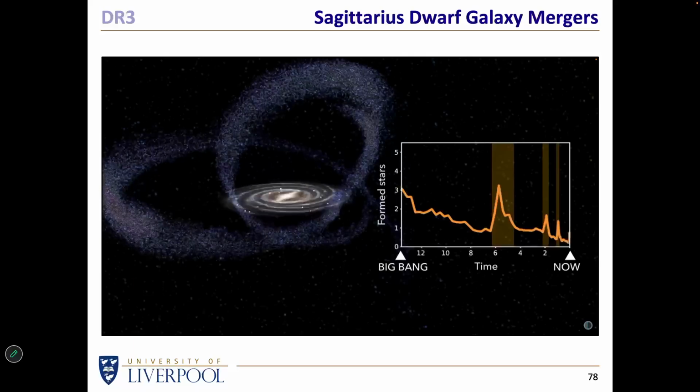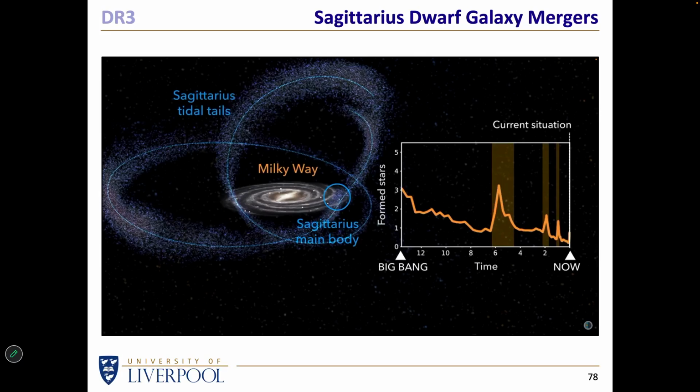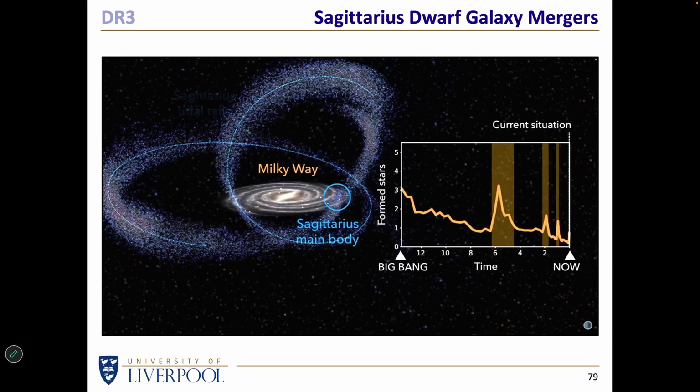You can see tidal effects of two galaxies getting too close to each other tends to drag out a galaxy into either, you call them tidal tails, or you might call them star streams. And that is a star stream that now exists because we have had multiple encounters with Sagittarius. One of the most interesting is the one I first noted there. The first encounter with Sagittarius was about 6 billion years ago.